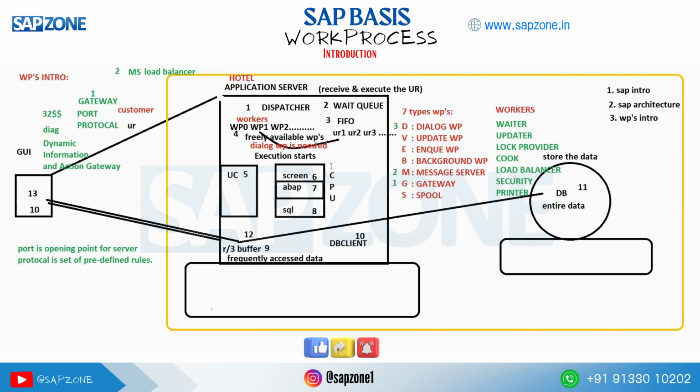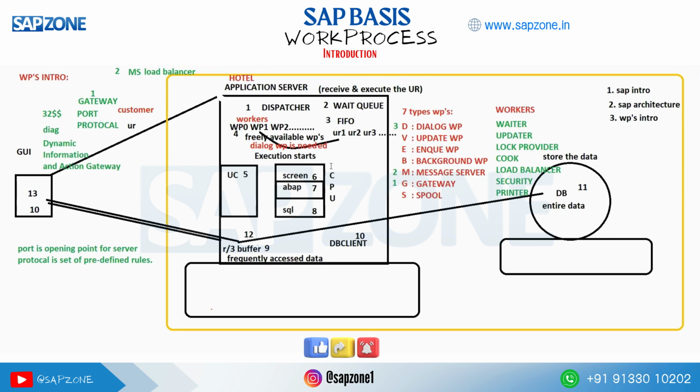If you don't have a free dialog work process, you cannot enter into the hotel. If all the waiters are busy in the hotel, can you get into the hotel? Will you get a table? Can you give the order? No. First you need a waiter work process.